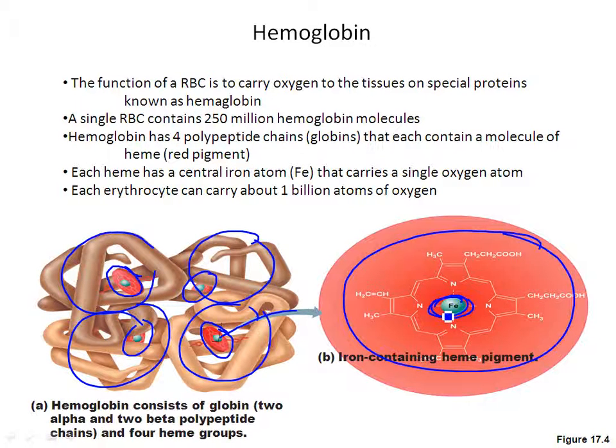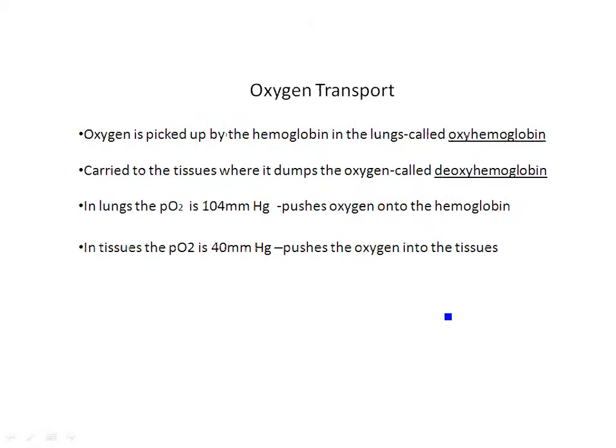But anyway, you've got a lot of oxygen moving around in your body, okay? Well, as I said before, it's picked up in the lungs, and when oxygen jumps onto that heme molecule, specifically at that iron atom, we call it oxyhemoglobin. And oxyhemoglobin is going to have a bright red color.